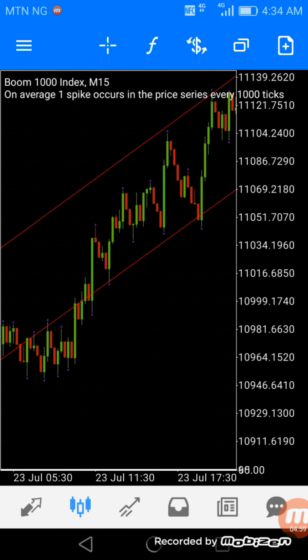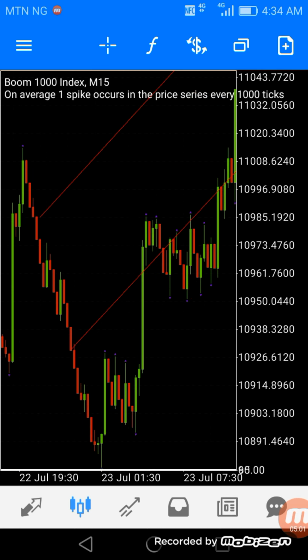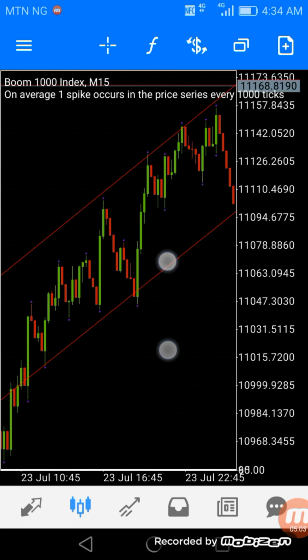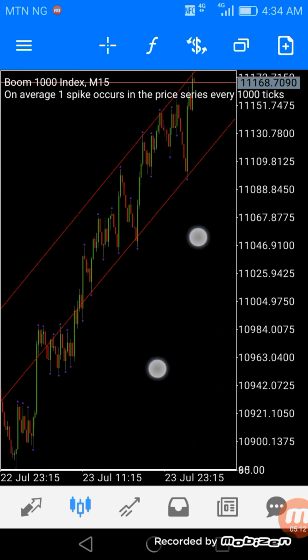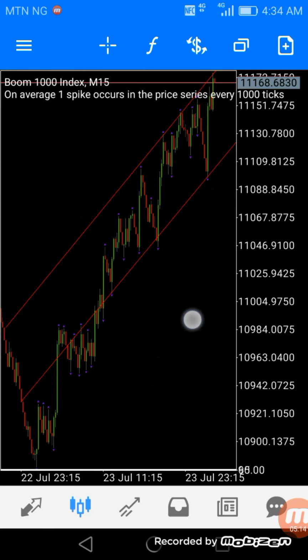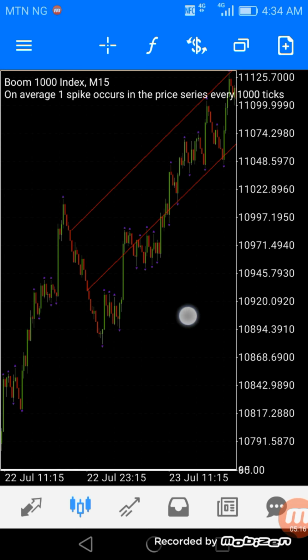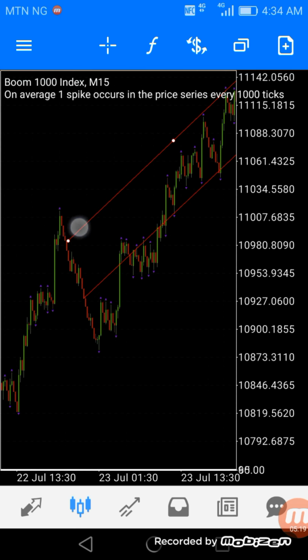But then let's look at what the market is doing here. Don't forget that this market is on an uptrend. This is Boom 1000, on an uptrend already. But even at that, we can spot what the market is doing right here.